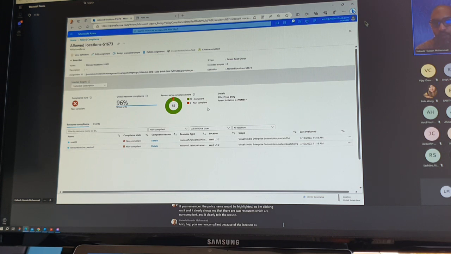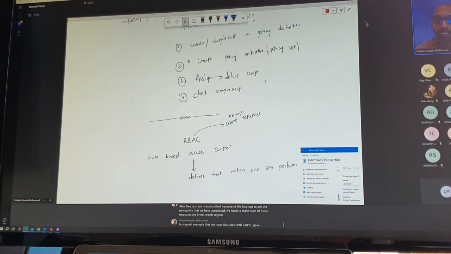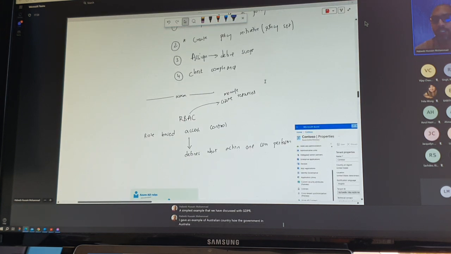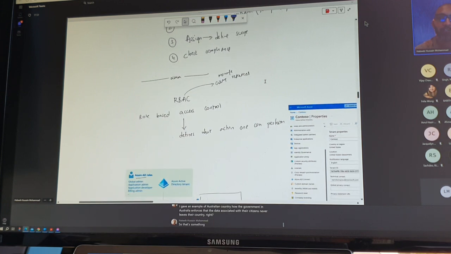As per the new policy that we have associated, we need to make sure all these resources are in the East US region. A simplest example that we have discussed was GDPR. I gave an example of Australia, how the government in Australia enforces that the data associated with their citizens never leaves their country, right? So that's something which we can think of.